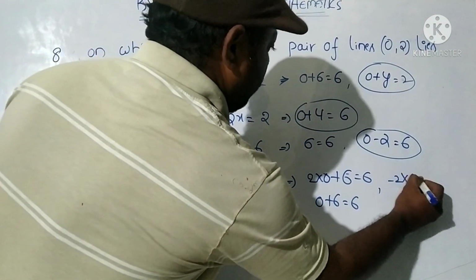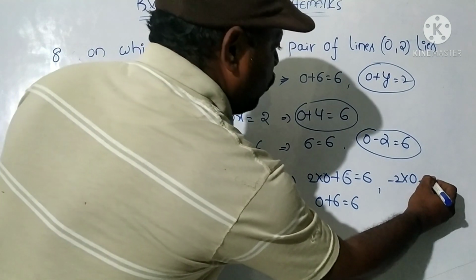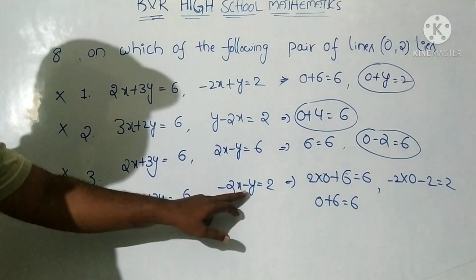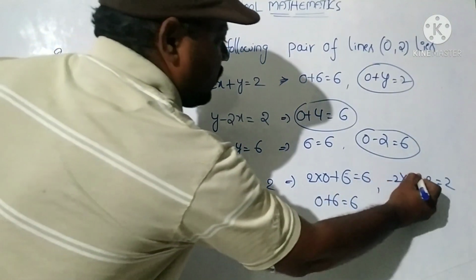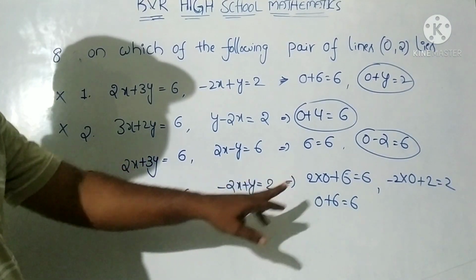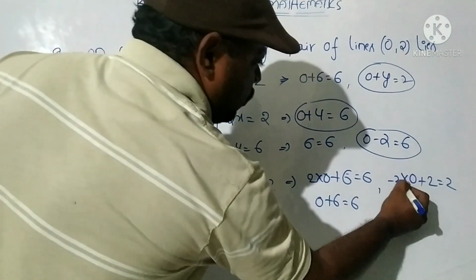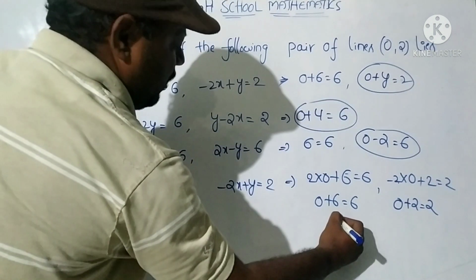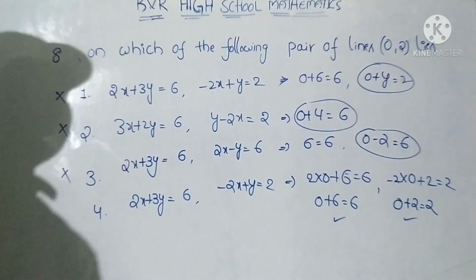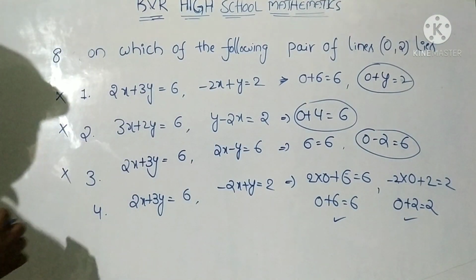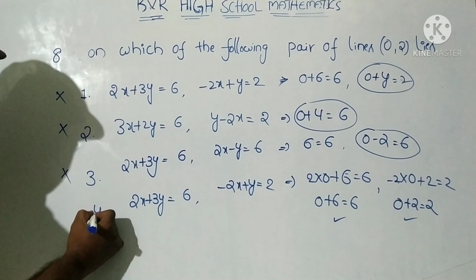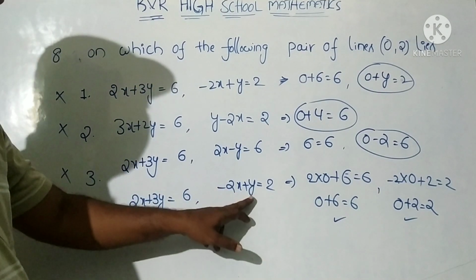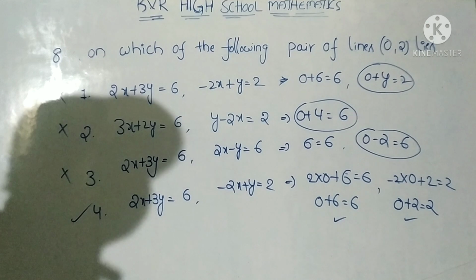Minus 2 into 0, plus y: minus 2 into 0 is 0, so 0 plus 2 equals 2. So the first equation is satisfied and the second is satisfied. So the point 0 comma 2 lies on 2x plus 3y equals 6 and minus 2x plus y equals 2. So the fourth option is the correct answer.